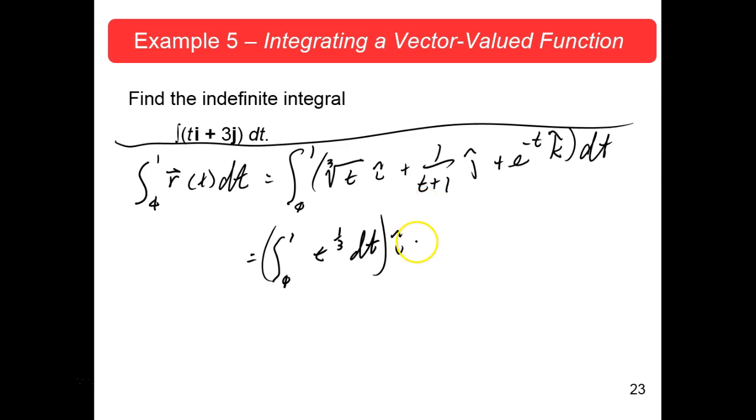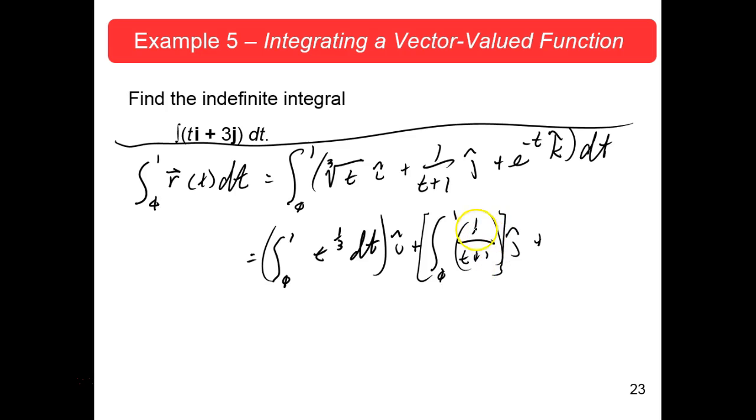Next, integral from 0 to 1 of 1 over t plus 1 j plus, wait, all right.